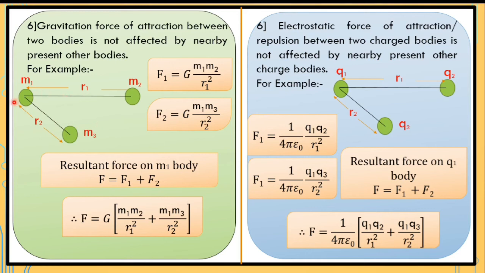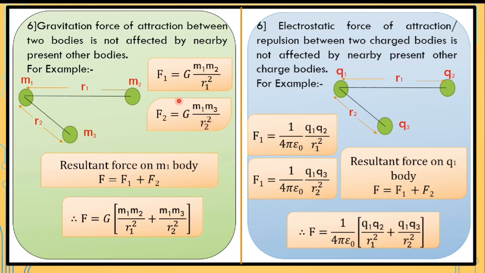For example, suppose we want to calculate the force F1 between m1 and m2. F1 is equal to G m1 m2 divided by r1 square. Similarly, the force between m1 and m3, at distance r2, is F2 equal to G m1 m3 divided by r2 square.